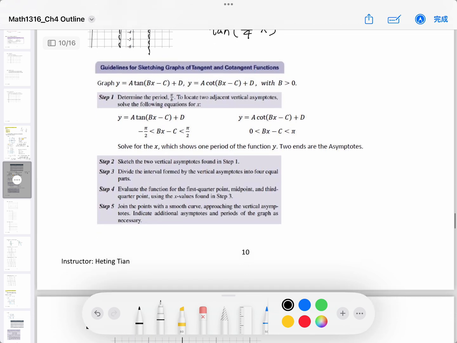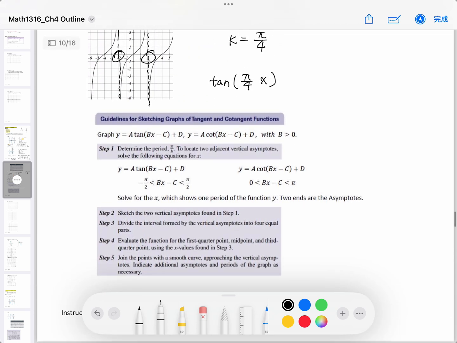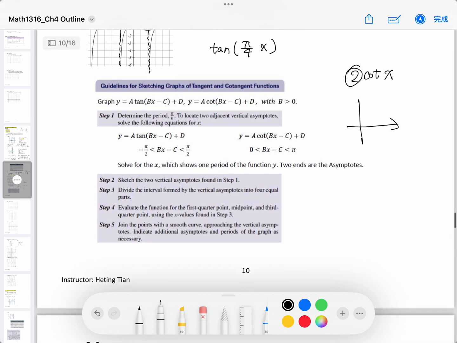Okay, how to graph a function? If the function is very easy, I know how to graph it. For example, if I have 2 times cotangent x, I know this 2 means vertical stretching. The parent function cotangent is a decreasing function from 0 to pi, and if I stretch it vertically, the function becomes skinnier than before.